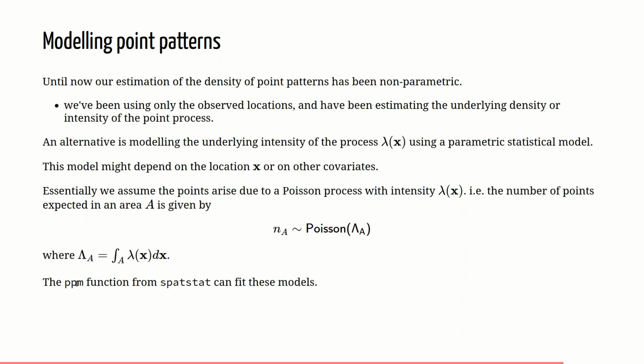There's no point-point interaction going on, right? So this is not useful for modelling infectious disease, where the infection can go between people, for example, because, of course, with an infectious disease, if you've got disease at a location, then you expect other cases of the disease around that location.